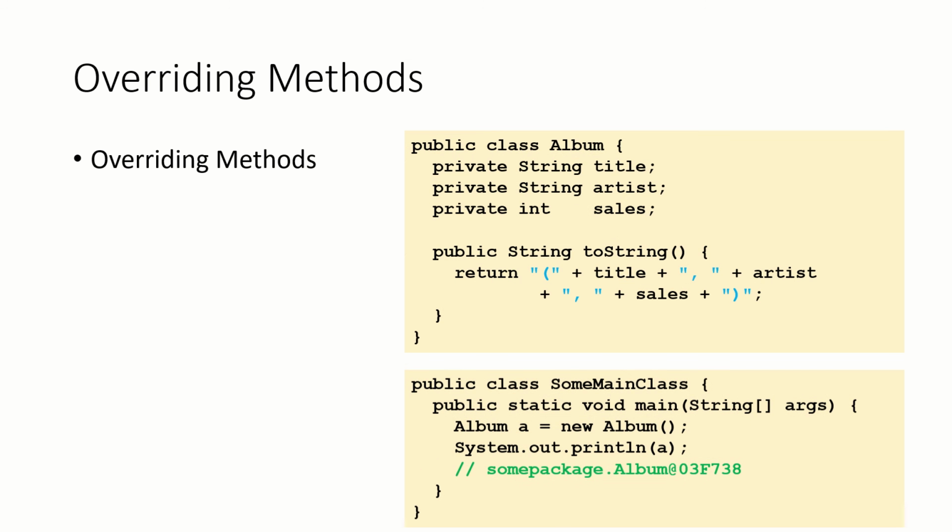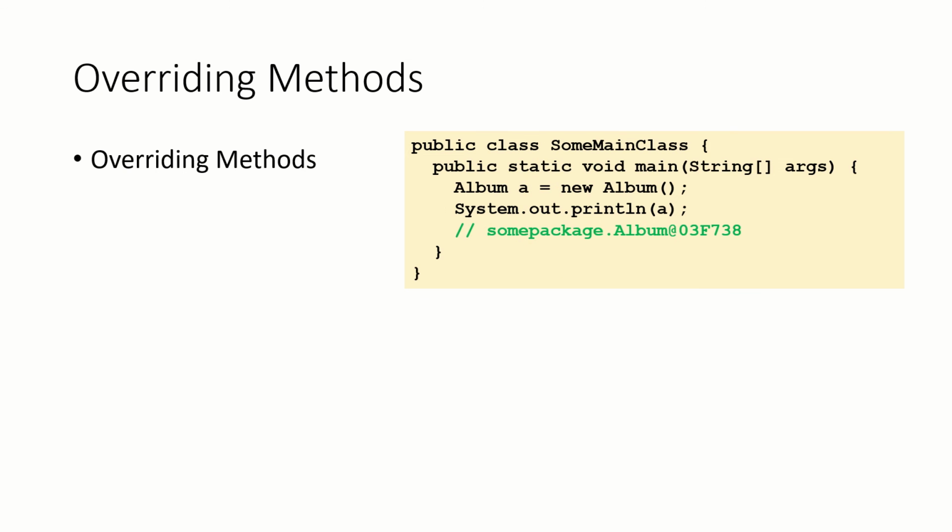First, look at this. If I have a class Album, we try to print the object variable of this album you're trying to create. The first line, we create one object of Album. The second line, we just want to print this album.